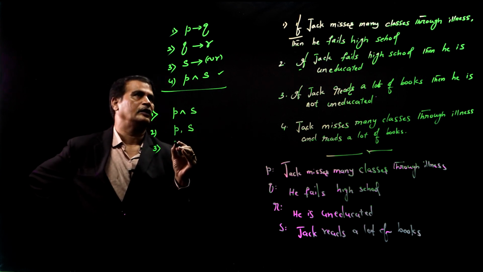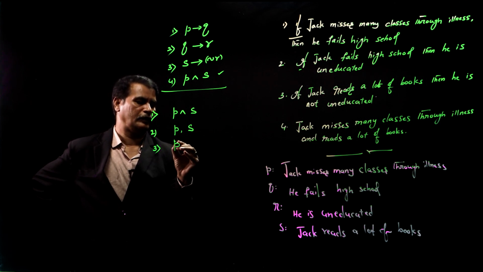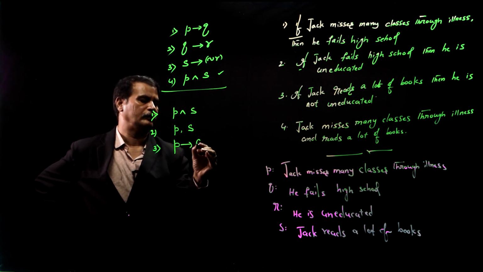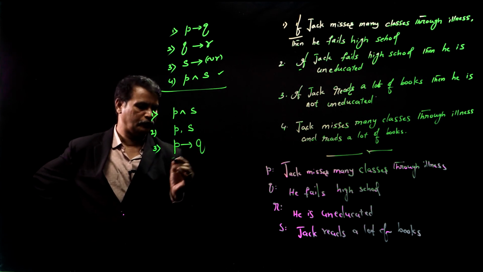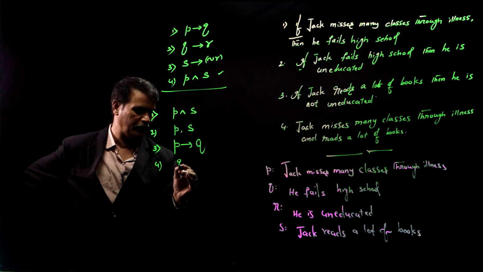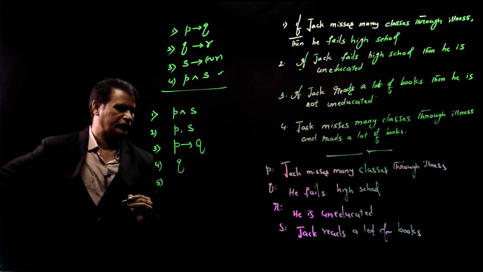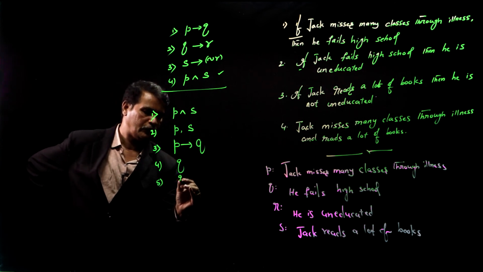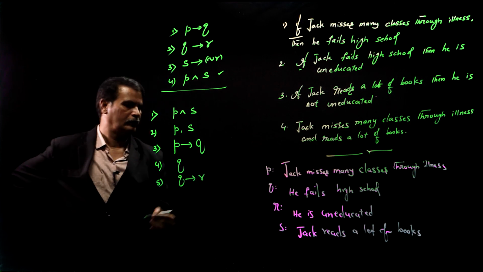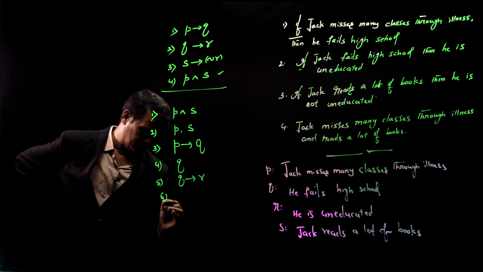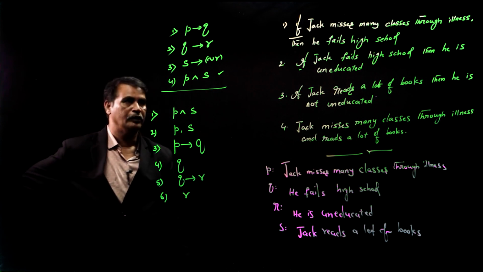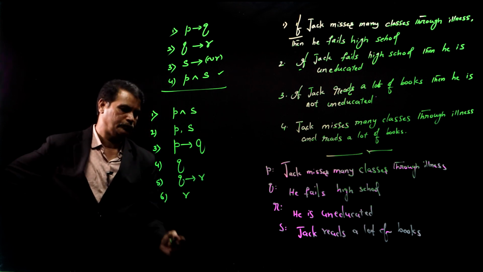Now I consider P implies Q. I know the value of P is true, so Q should be true. Next, I consider Q implies R. I know the value of Q is true, so R should be true. So I get R is true.